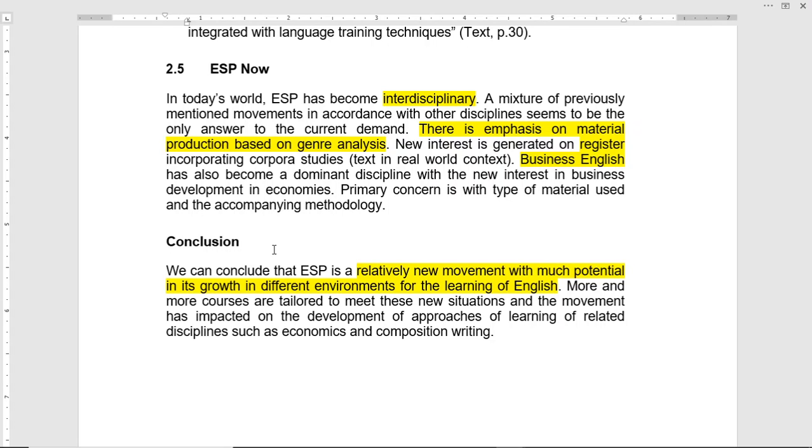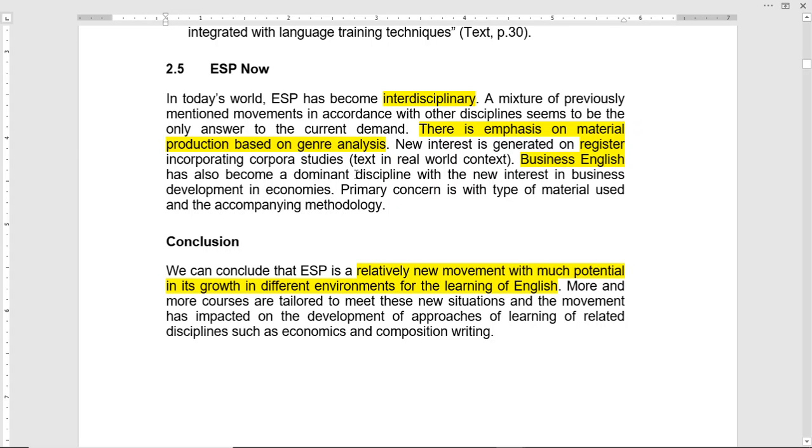New interest is generated on register that we discussed earlier. Incorporating corpus studies, that is the text in real world context. So just study these terms: genre, a particular language, and then the register and the corpus studies.